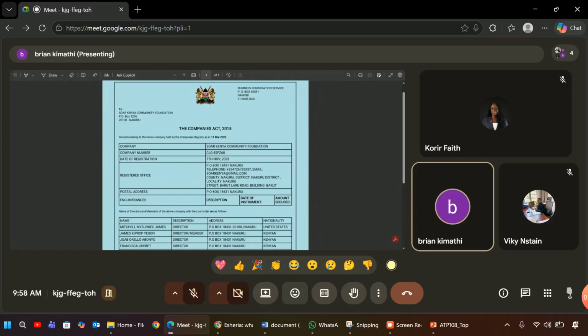So let me very fast share a public company. Ulikuwa na watu hapa.